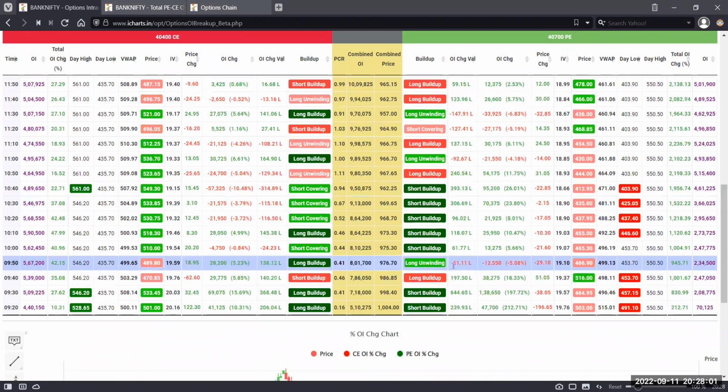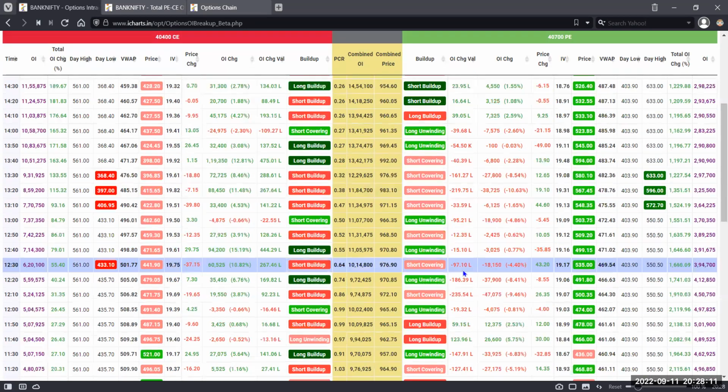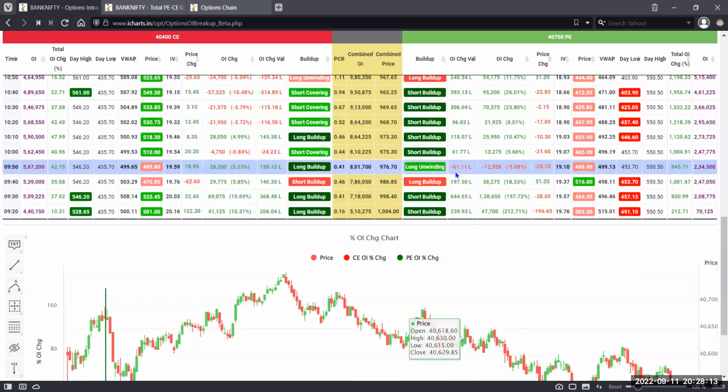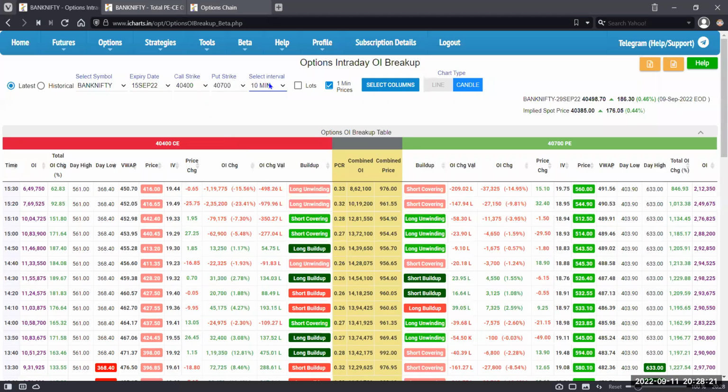So after 9:30 is better to check the OI buildup. Unless the move is really fast, you will not get signals before 9:30 or so, because you'll see both-side buildup.